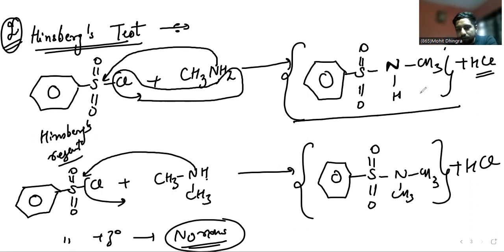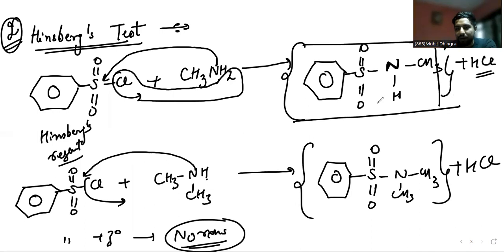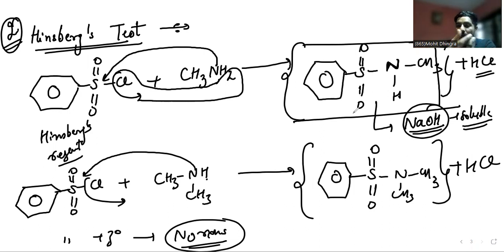When we dissolve this specific compound of the primary amine in any alkali, NaOH, then it will be soluble. This compound is soluble in the alkali. When this compound is formed, we will add NaOH to it, and we will see if it is getting soluble in the NaOH, then the compound which is formed is from the primary amine.